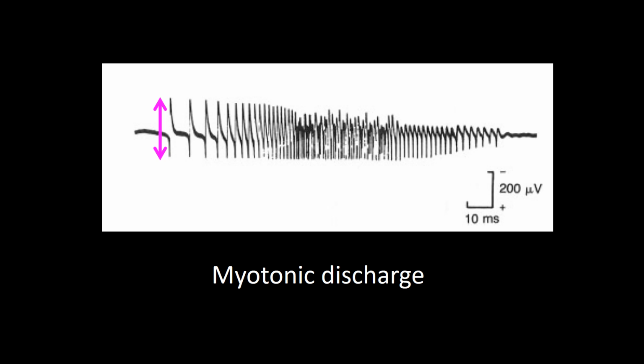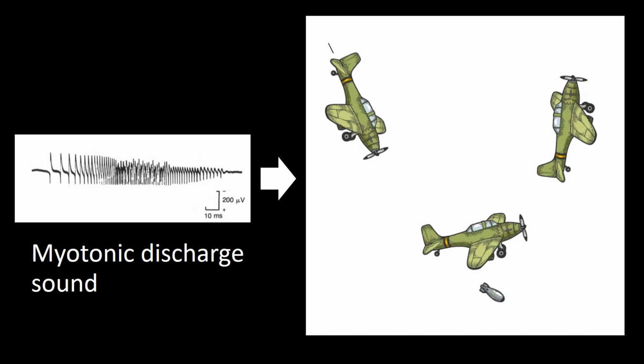The classic myotonic discharge, as you can see here, consists of fibrillations initially of large size and later of small size, initially widely apart and later frequently occurring, but then less frequent again. These discharges produce a sound which resembles the noise made by a bomber plane as it reaches its target, drops the bomb, and flies away.